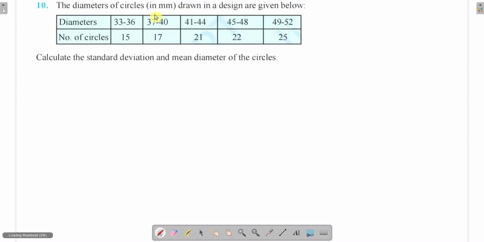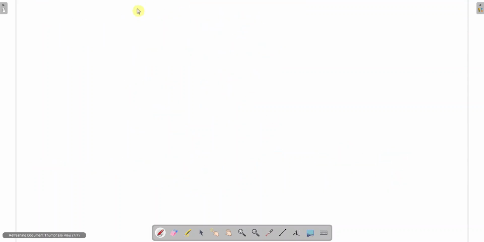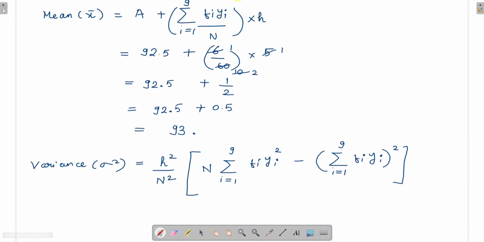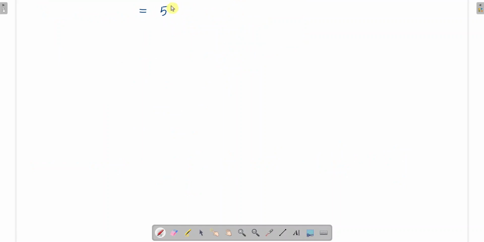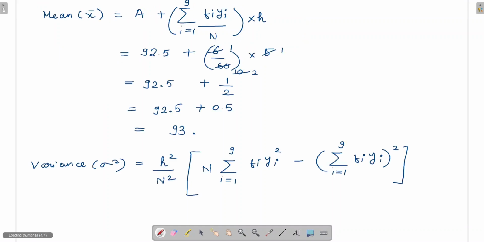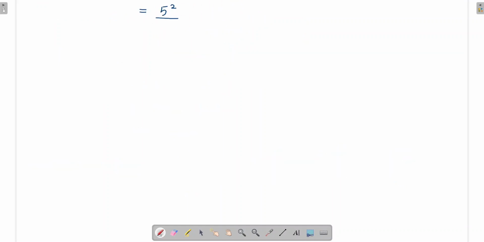Okay, so what we will get is variance is equal to h is 5, so 5 square divided by n is 60, right?